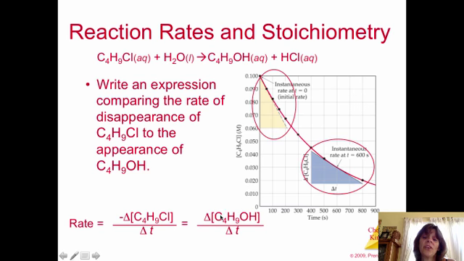They are equal to each other because as the butyl chloride decreases in amount, that negative sign makes it back into a positive value. And so the rate of disappearance of one equals the rate of appearance of the other. By definition, you make all rates positive.